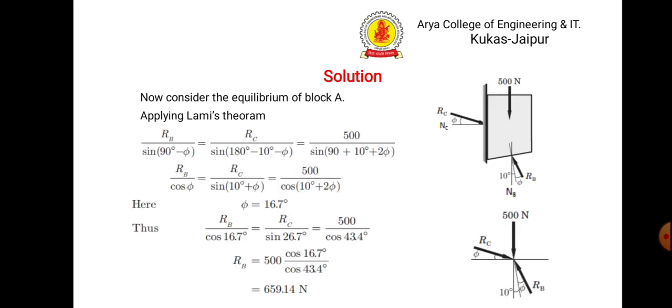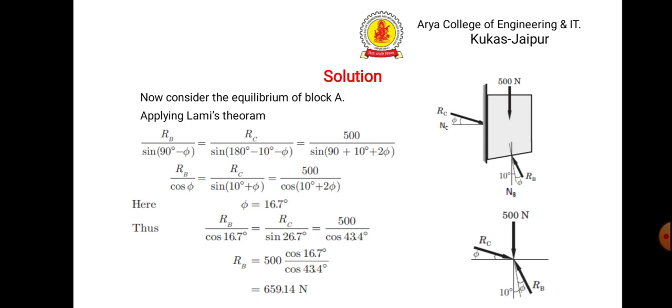Again drawing the free body diagram, the final diagram will be 500 Newton, RB at 10 degree plus phi, and RC at phi. Means 500, then RC is phi and RB is 10 plus phi.